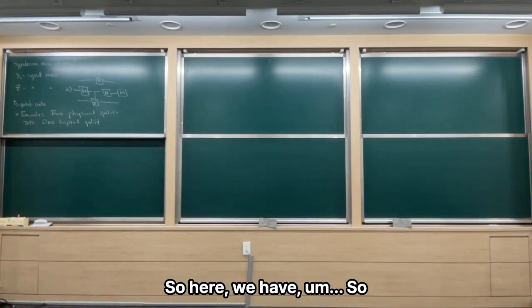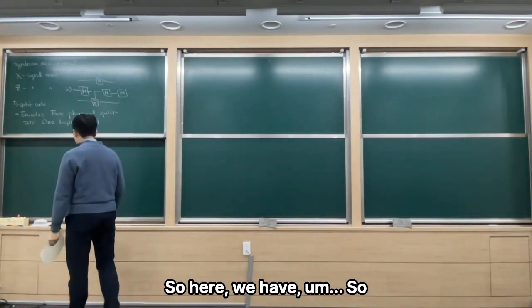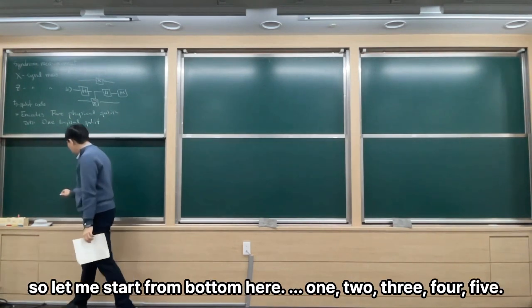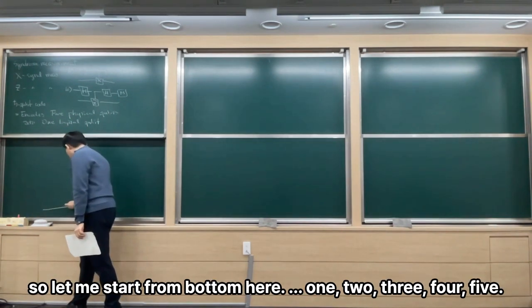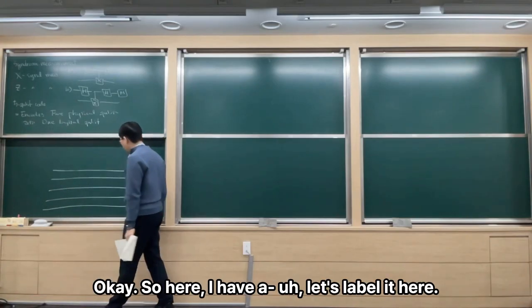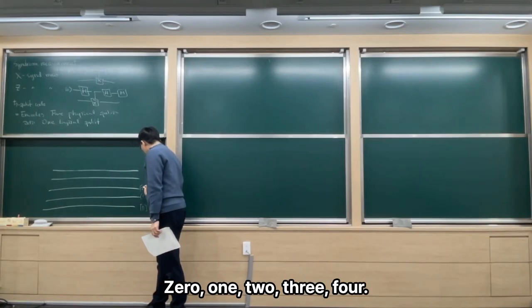So here we have, I need to draw 9 lines here. Let me start from the bottom here. 1, 2, 3, 4, 5. Okay. So here let's label it 0, 1, 2, 3, 4.